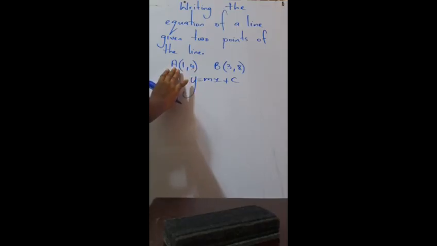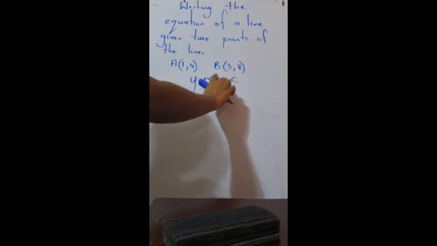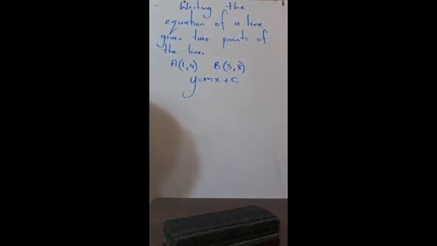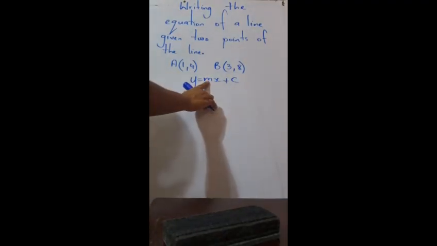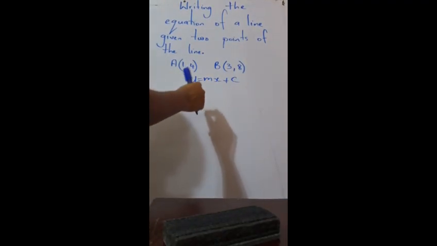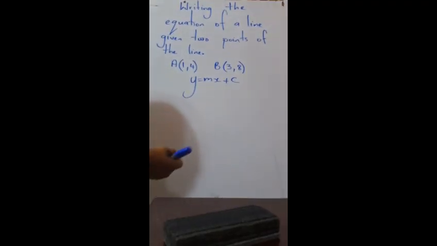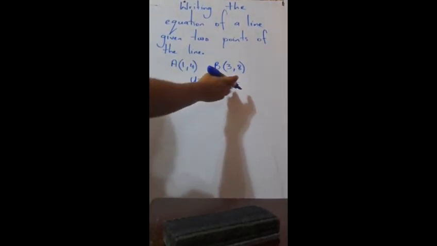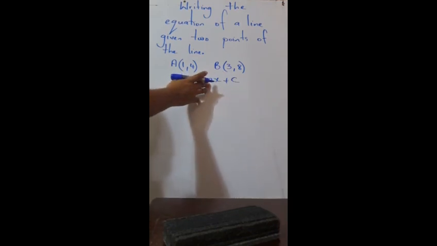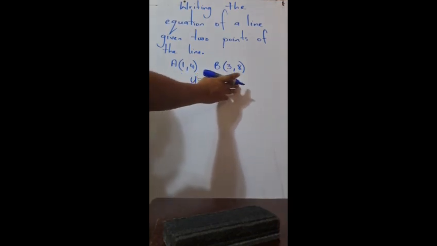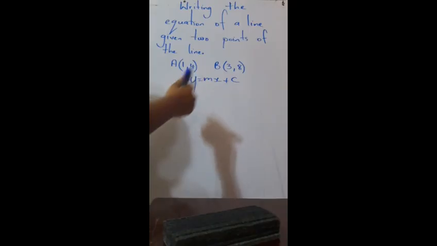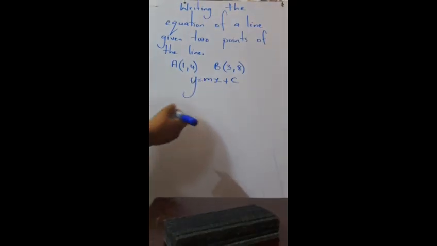So within the points A and B, I would have x and y on both points. Now, m represents the gradient or the slope of the line, while c is representing your y-intercept. We also call c your constant because in this equation, it's the only number that stands without a variable attached, right?